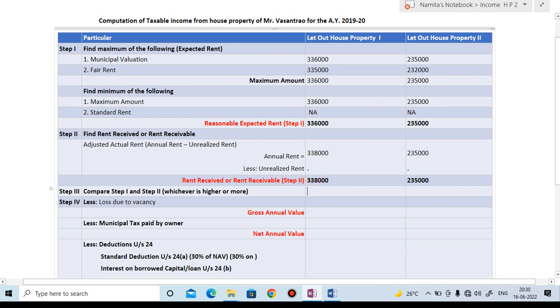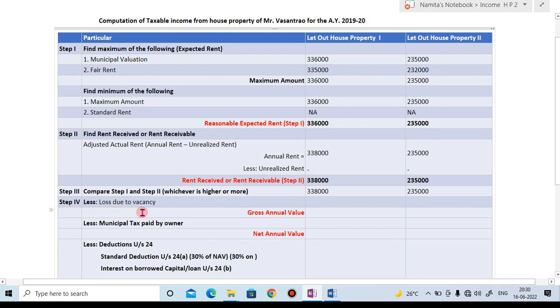So step 2, that amount 3,38,000, is more. Now in house number 2, both step 1 and step 2 are the same, so take the same amount, that is 2,35,000. Clear?